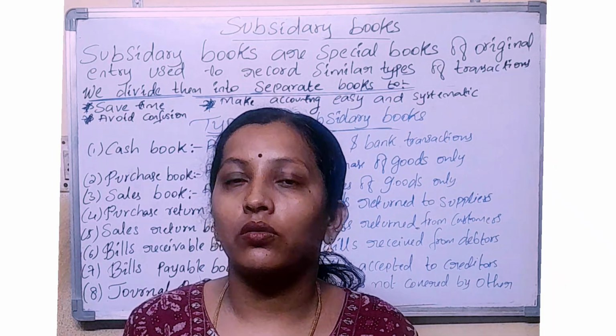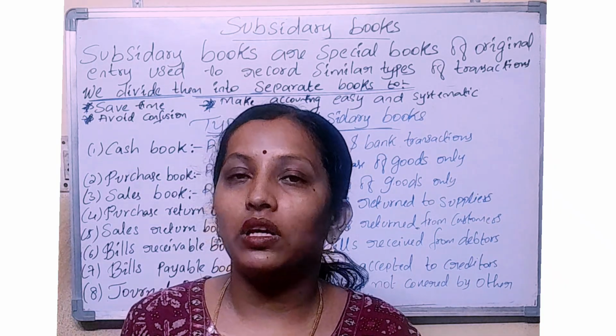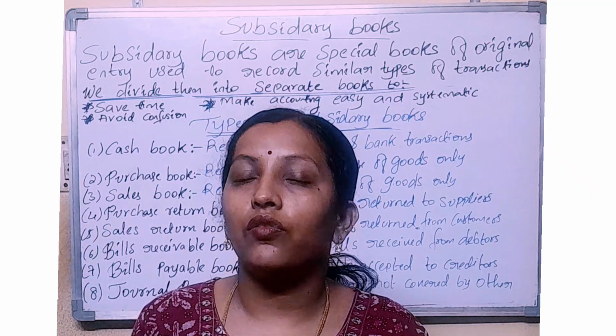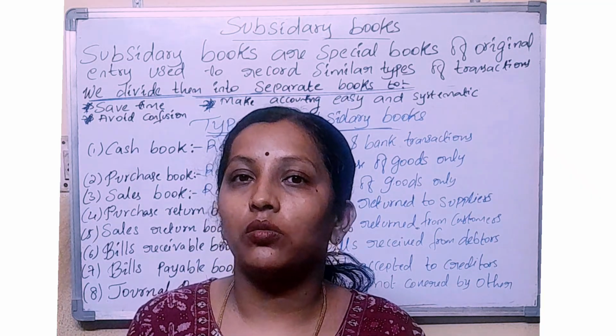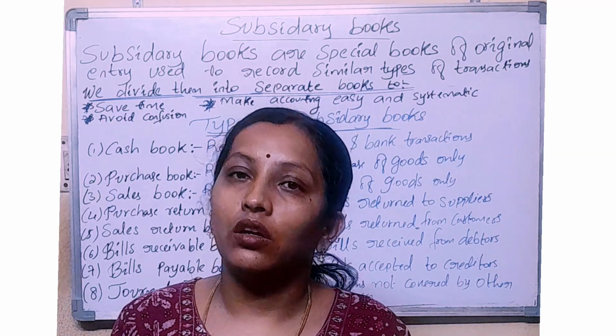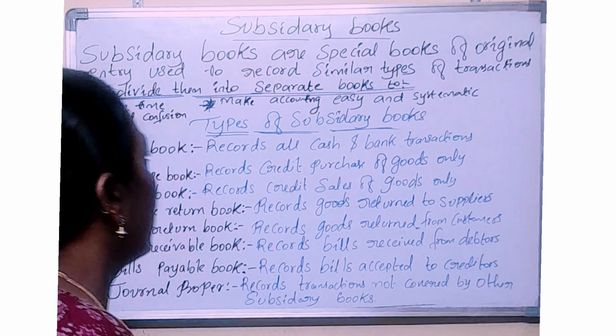Now in this unit we are going to discuss what subsidiary books are and how many types of subsidiary books there are. If you know the meaning and types of subsidiary books, you can easily write. So let's go into the topic now.